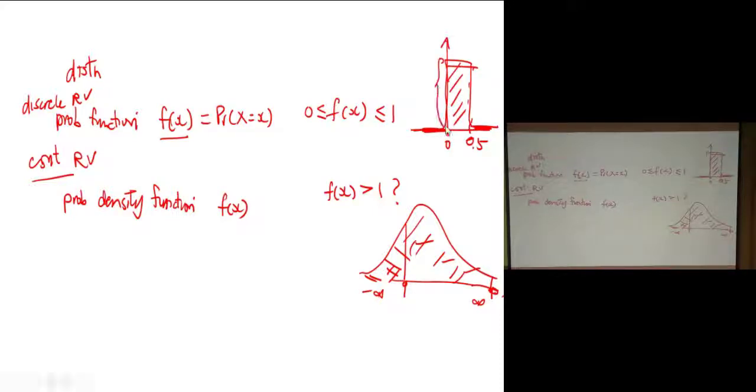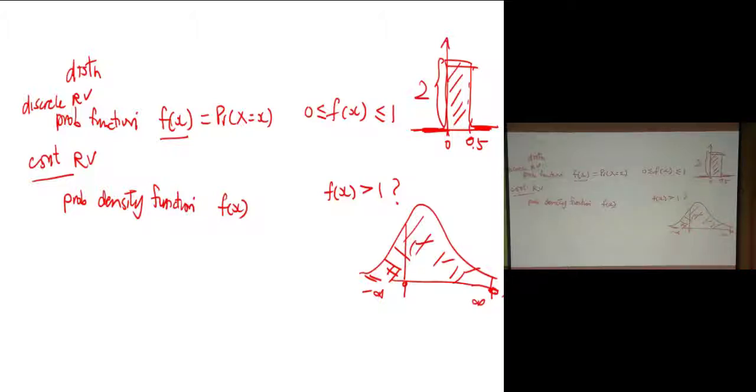So what is this height? 2. 2 times 0.5 gives you 1. So remember, it's the density, not the probability. It represents how dense the probability is, so it can be bigger than 1, because you have a smaller range or smaller width. When you multiply, the total area is still 1.